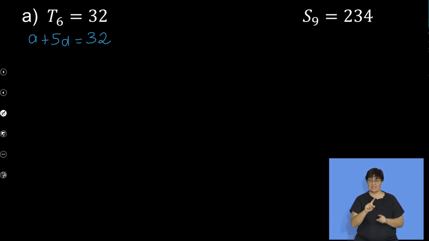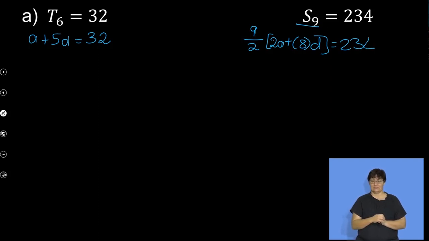For S9, I can replace it with 9 over 2 times 2A plus 8D. So all that I've done is I've replaced T6 with A plus 5D, and I've replaced S9 with 9 over 2 times 2A plus 8D.